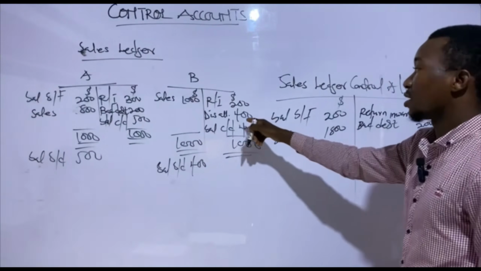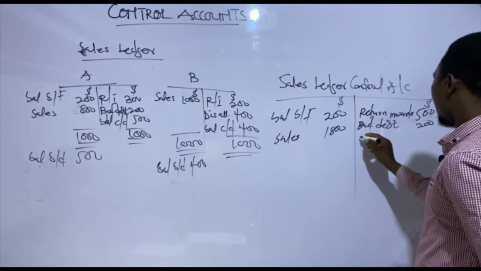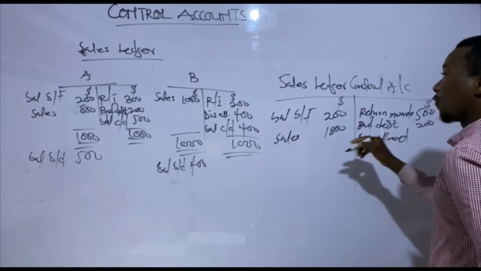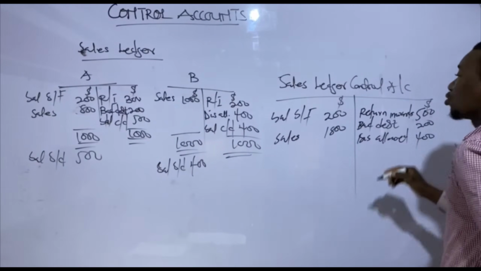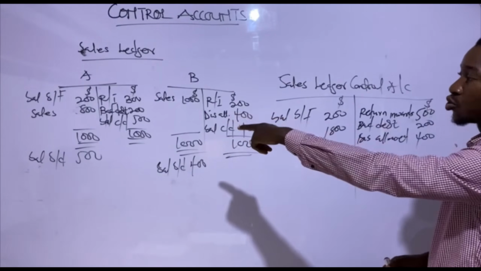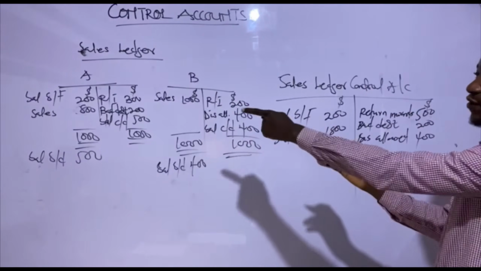We don't have it here. We have a discount allowed of 400. You could see that when we pick the sales, we added the two. So if the debtors happen to be 10, we add all the sales in the individual debtors accounts.